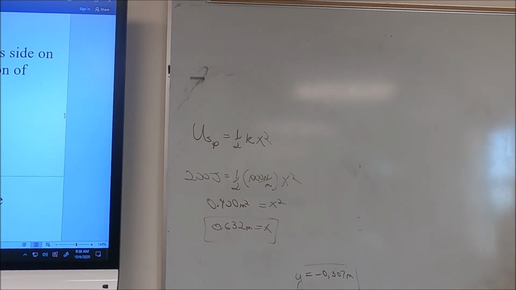We could go through the same thing and say that any change in spring potential energy equals an opposite change in the kinetic energy of the system, but I kind of like using it in this form.